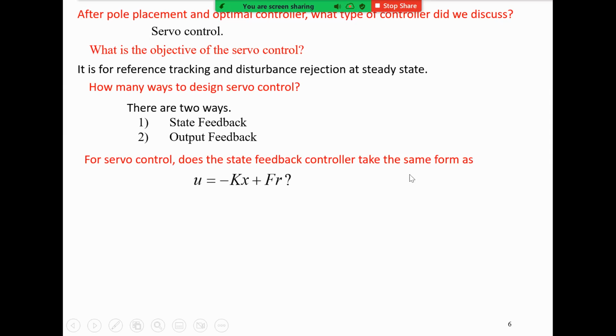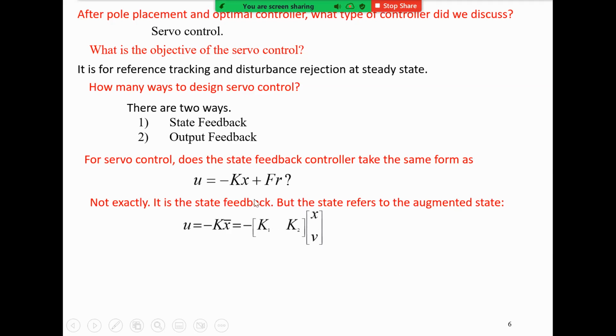Now, for the servo control, does the state feedback controller take the same form as this? Not exactly, but it's very similar. We just have to change X to an augmented state, X bar, equal to the state X and also the integrator of the error signal.